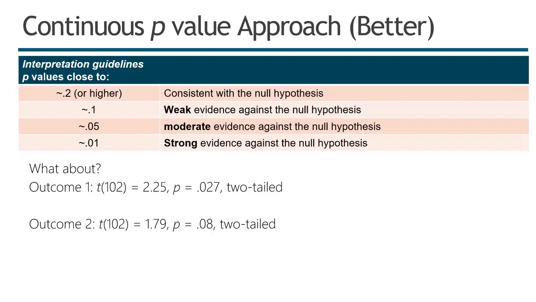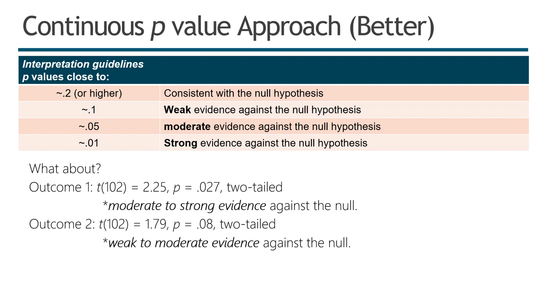But how would this continuous p-value approach have you deal with p-values that fall in between these interpretation guidelines? For example, in outcome 1, the p-value is 0.027, which falls right between 0.01 and 0.05. And in outcome 2, there's a p-value of 0.08 between the guidelines of 0.05 and 0.1.